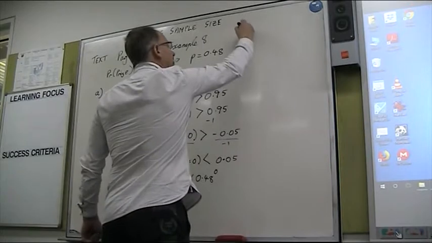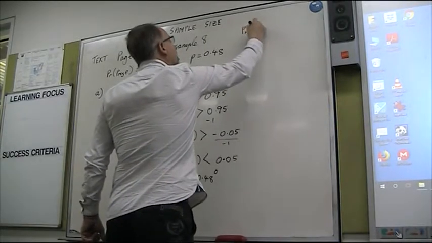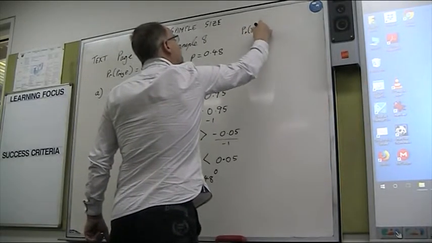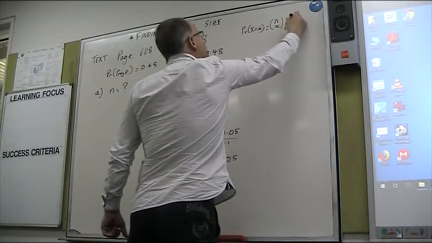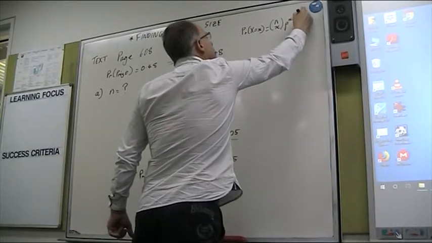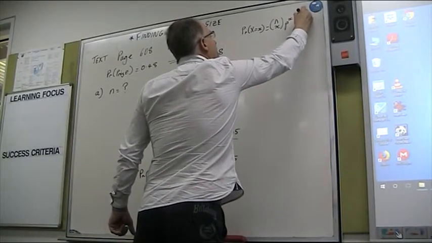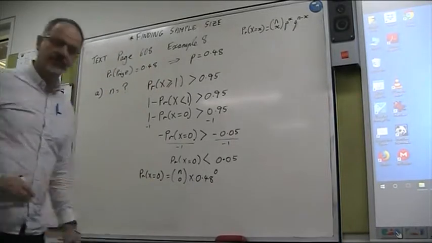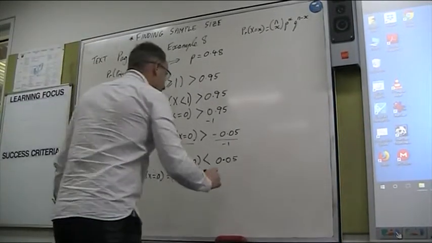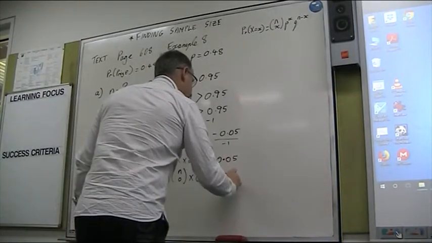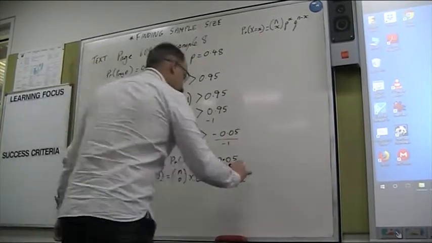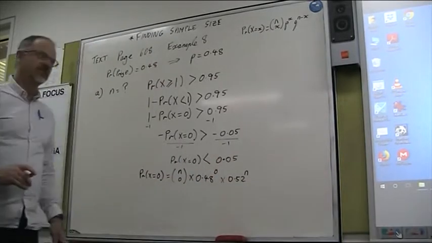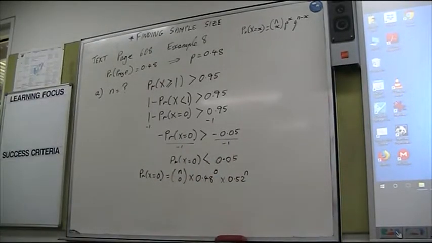Just remember, probability of x equals little x is n above x, p to the x, q to the n minus x. And so q is 0.52 to the power of n minus 0, which is just n.